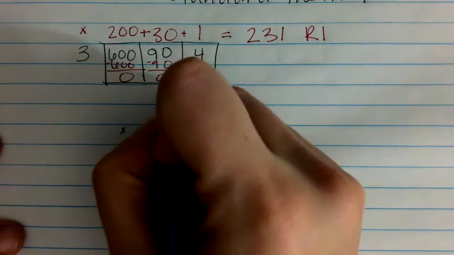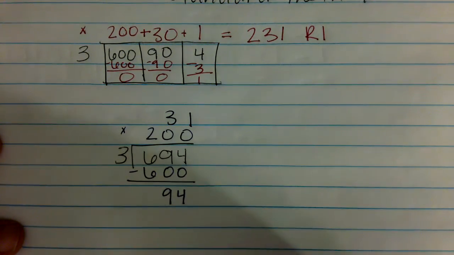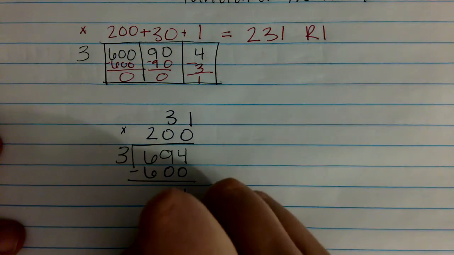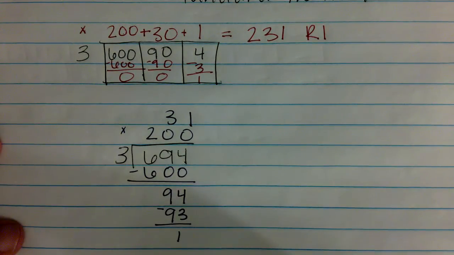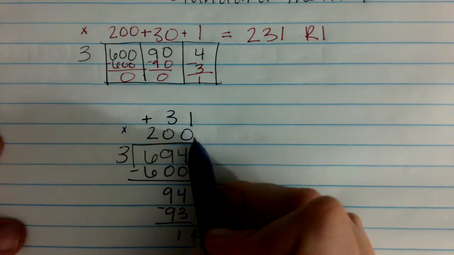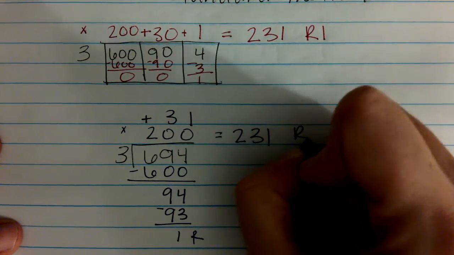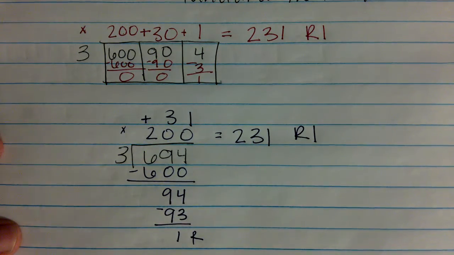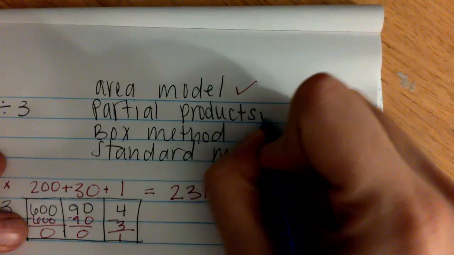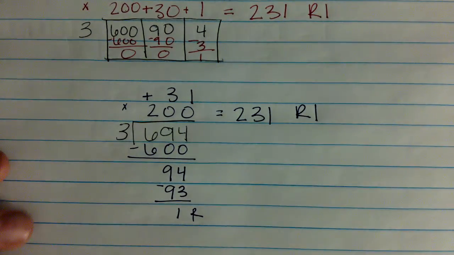So I'm going to say 31 times 3 is 93. That leaves me with 1 left over. And I add these together. When I do that, I get 231, remainder 1. Partial products.